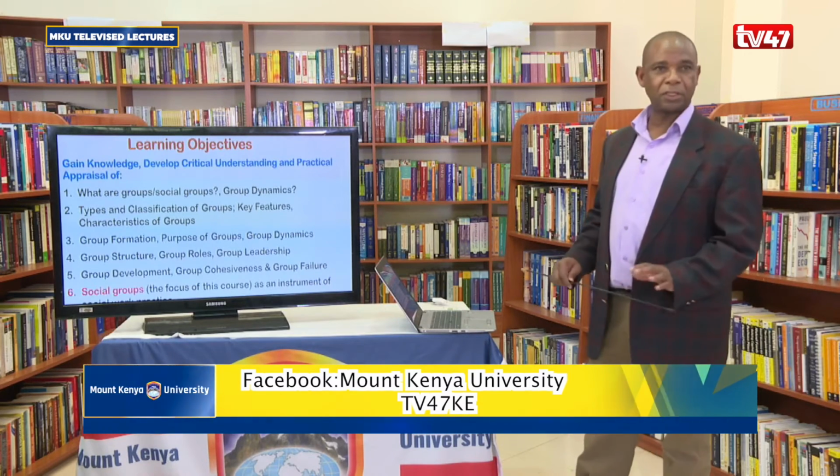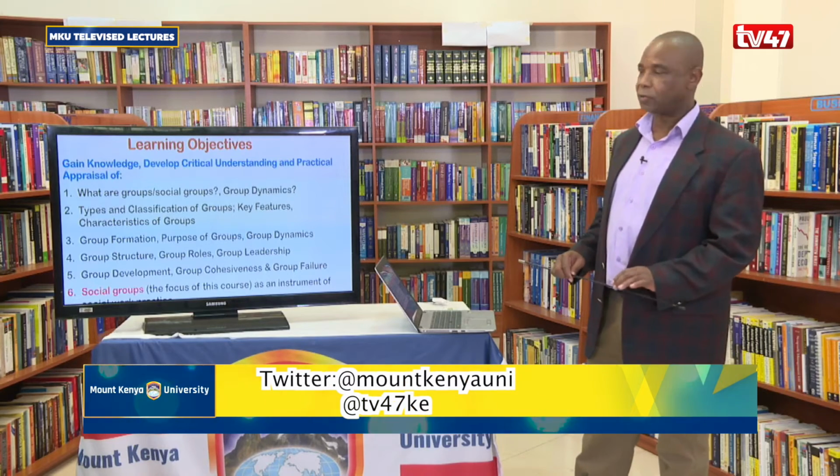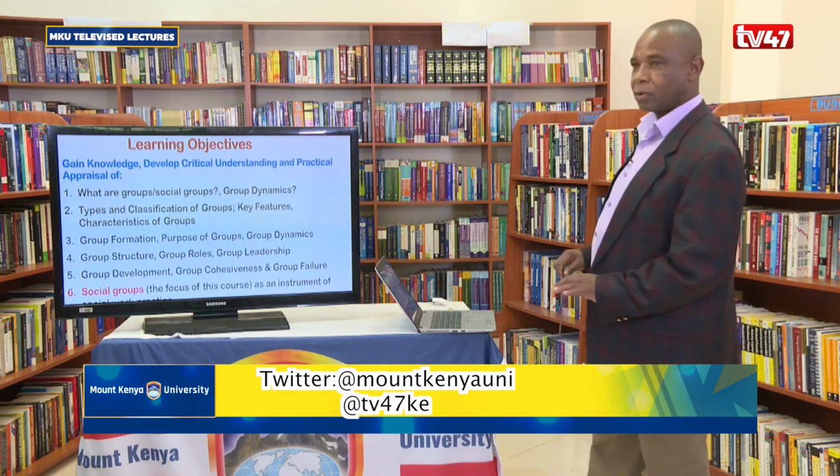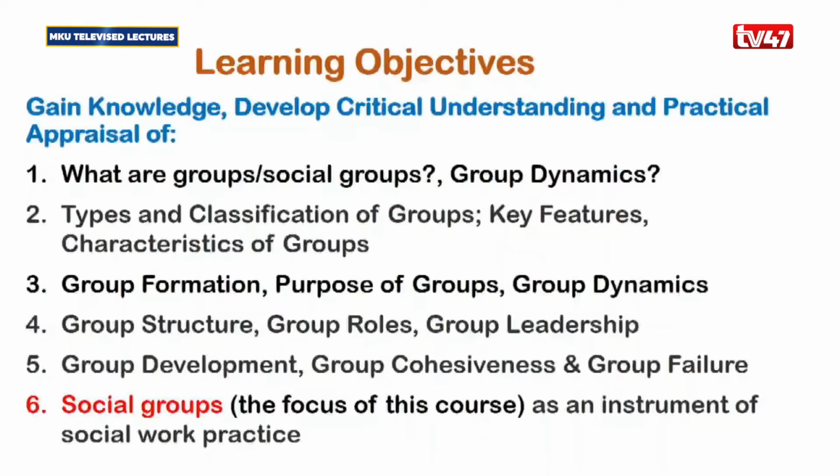The learning objectives in general, before we go to our lesson for today. For these overall learning objectives, we want our students to gain knowledge and be able to develop a critical understanding and practical appraisal of the following 6 areas. 1, we want the students to be able to define what groups are and isolate social groups as an area of interest, be able to know what group dynamics is.